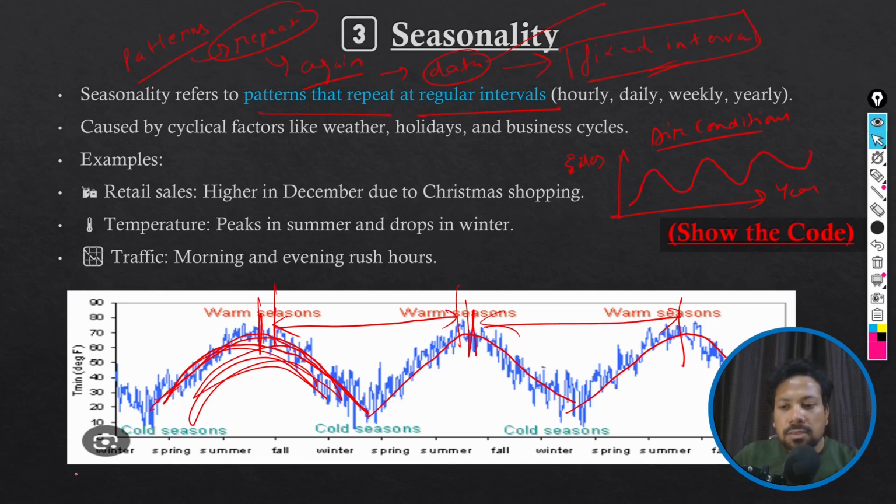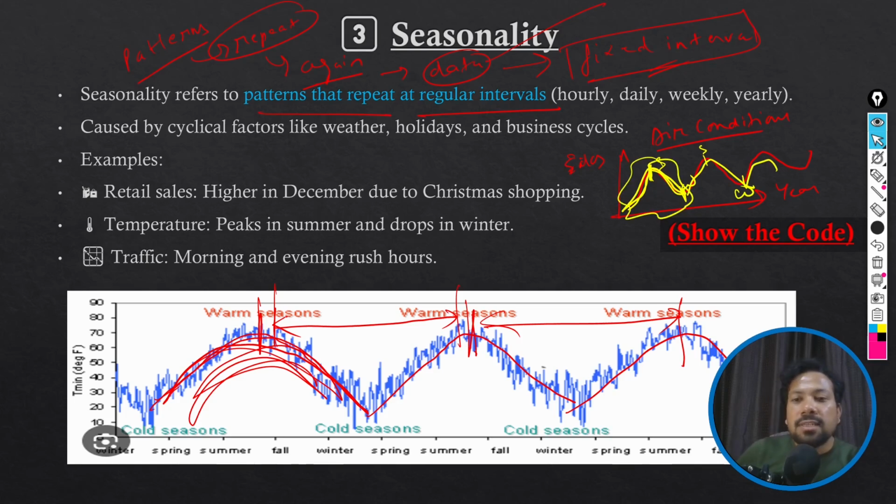Let me just change the color. This would be summer, winter, summer, winter, summer, winter. So we can just say that this particular pattern is going to repeat again and again each year. So this particular pattern is known as seasonality. So seasonality simply means the repetition of the same kind of pattern at regular intervals. So that concludes seasonality. Okay.